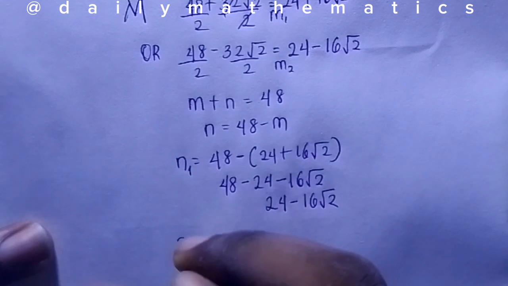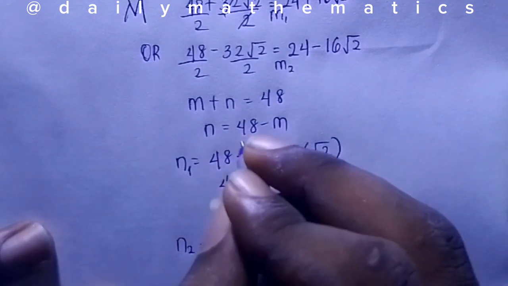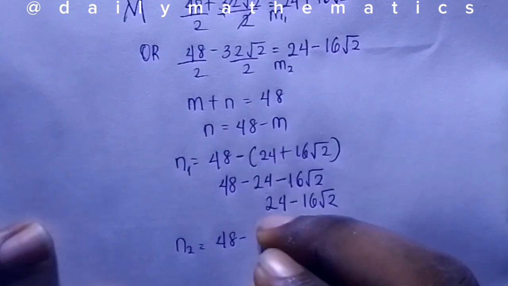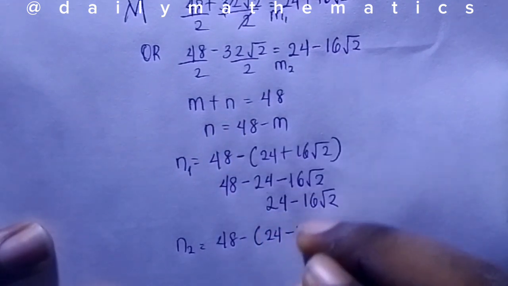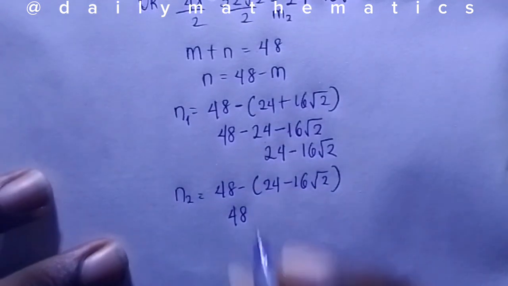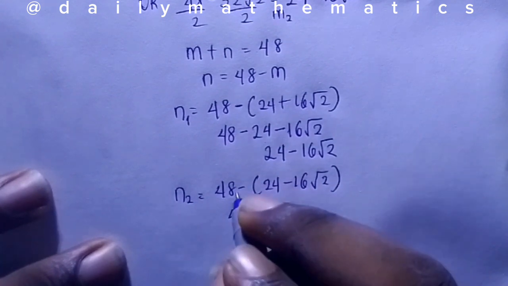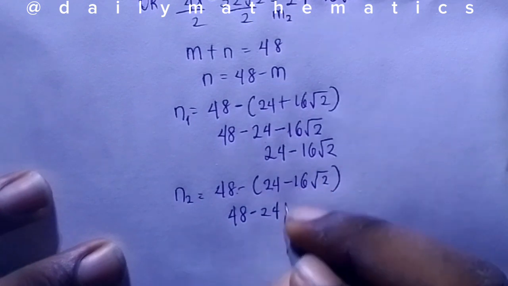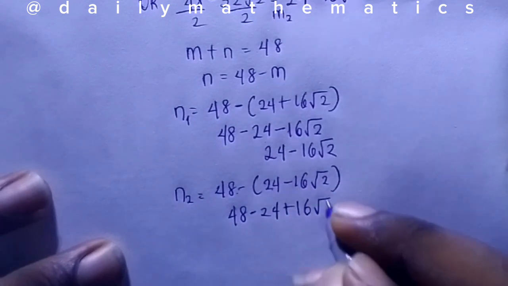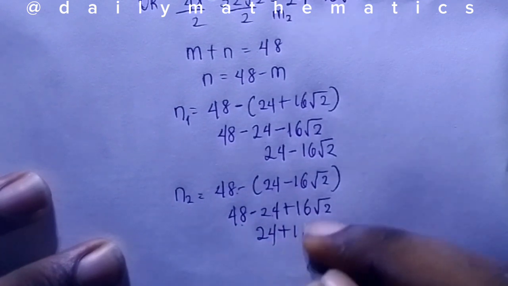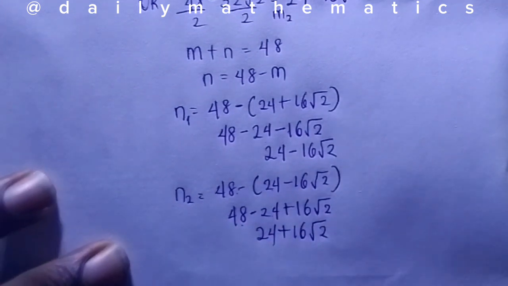And n2, we use the same formula, n equals 48 minus m. What is m2? 24 minus 16 root 2. So 48, opening the bracket, minus times 24 is minus 24, minus times minus is plus 16 root 2. That gives us 48 minus 24, which is 24 plus 16 root 2.